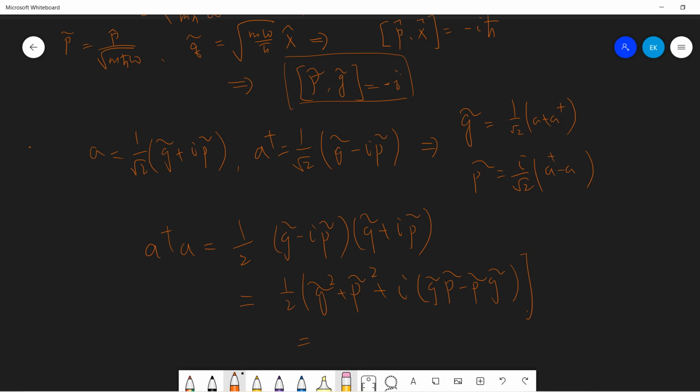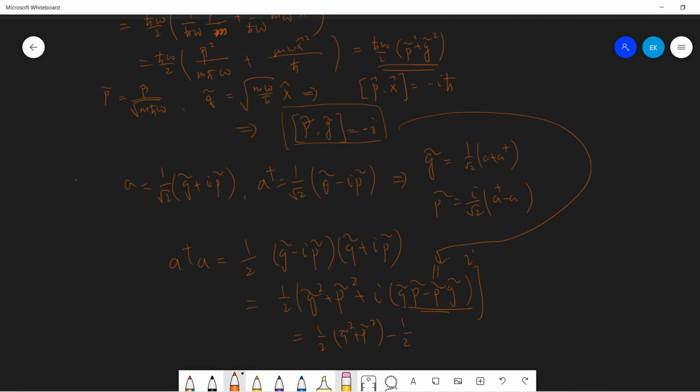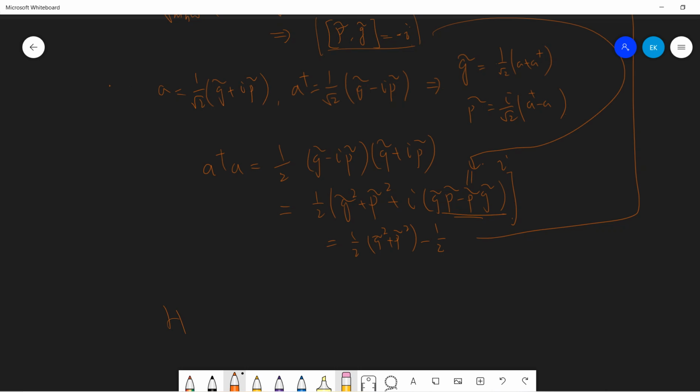So this is a half of q tilde squared plus p tilde squared, minus a half. From here and here, one can get our final result.